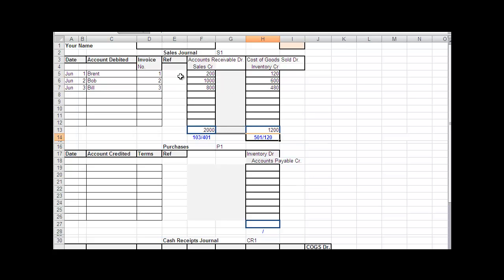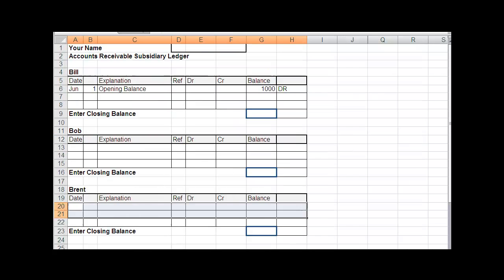The next step is to make sure we post these items to the subsidiary ledger. So let's have a look. Brent, June 1st, $200. So subsidiary ledger, Brent, June 1, and we might put in here what we sold to Brent. Let's say fence posts.